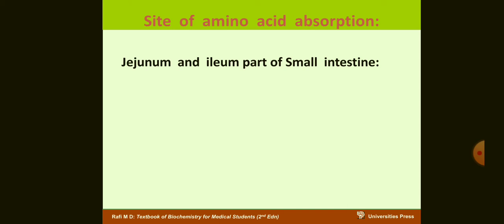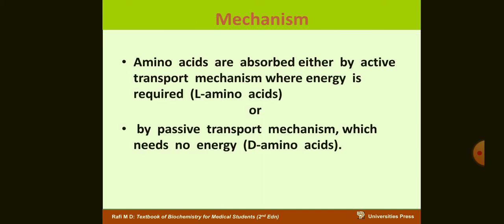Now we go to the site of absorption. The site of amino acid absorption is the jejunum and ileum, part of the small intestine. Now there are different mechanisms of absorption of the amino acids. The amino acids are absorbed either by an active transport mechanism where energy is required. All L type amino acids present in natural protein are absorbed by active transport.